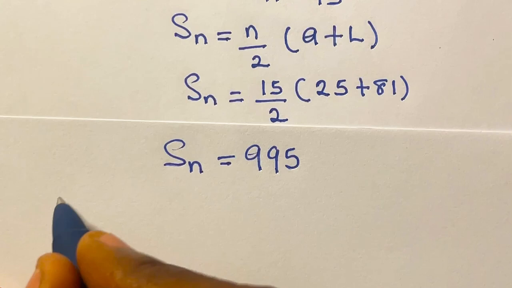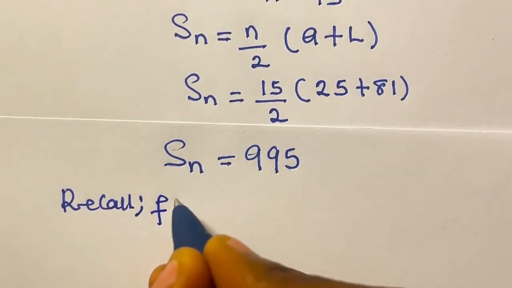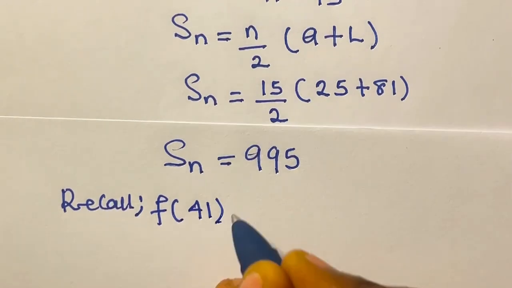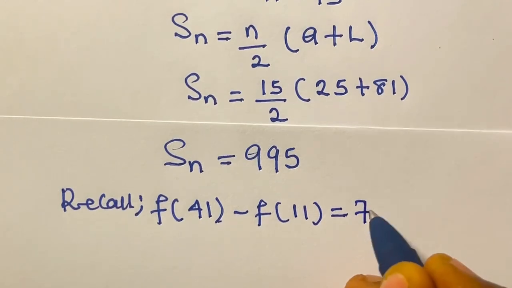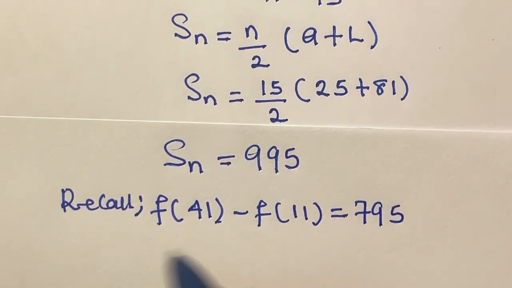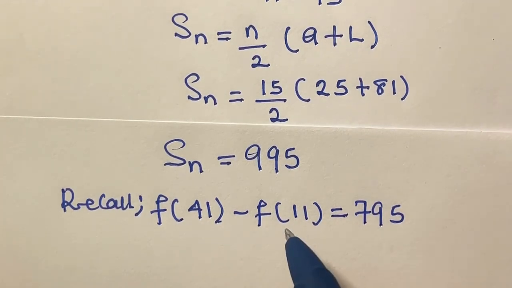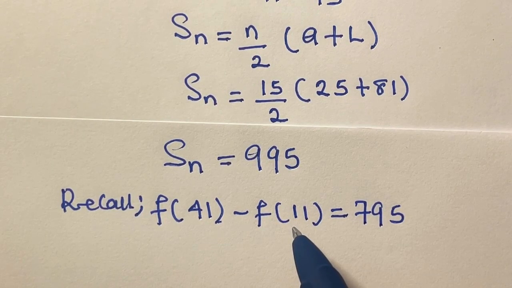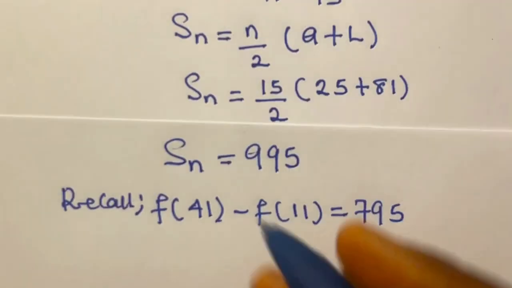And to do that, we recall that our f of 41 minus f of 11 equals 795. So which means that we've gotten our f of 11 and the sum of the series, right? Oh, sorry.